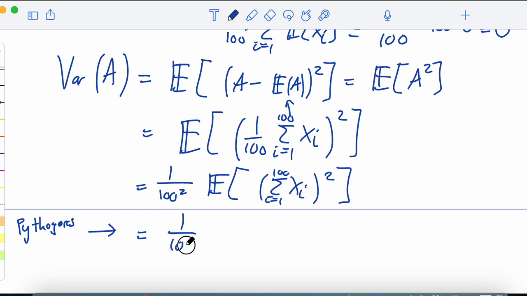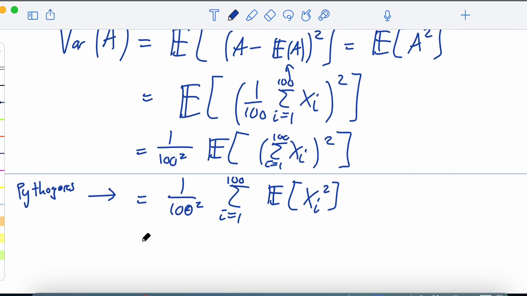1 over 100 squared, and then you can pull out the sum and just do the expected value of each thing squared, xi squared. Okay. And the expected value of xi squared, that is the variance, because each of the things were mean 0. So this is the sum from i equals 1 to 100 of the variance of xi.